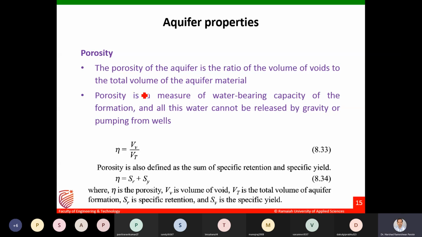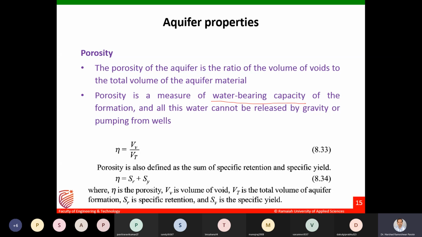Water can be available for the users. It can store more quantity of water. But one thing is there, if the aquifer is holding some quantity of water and you drill a well and pump the water, you will not be able to extract all the water. Some water the aquifer will hold back.